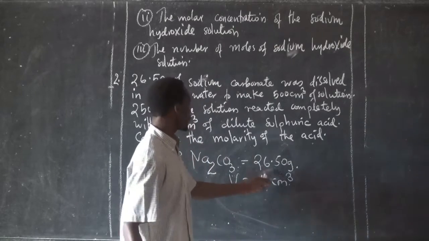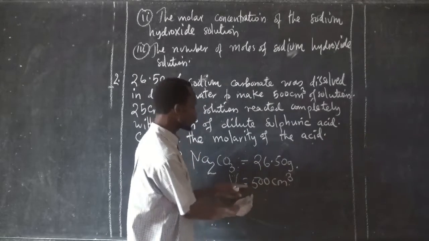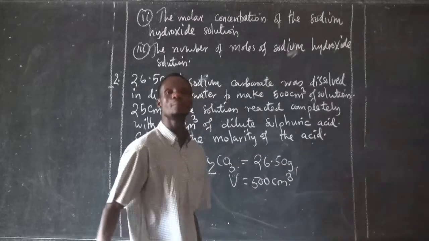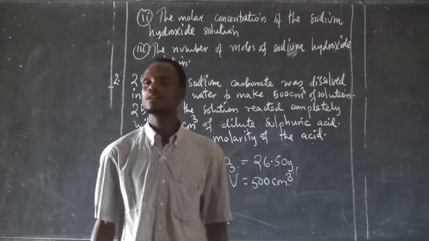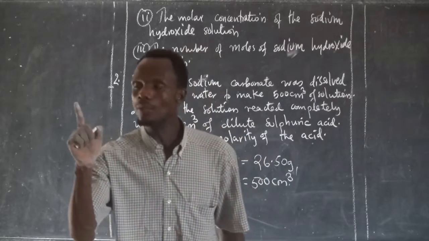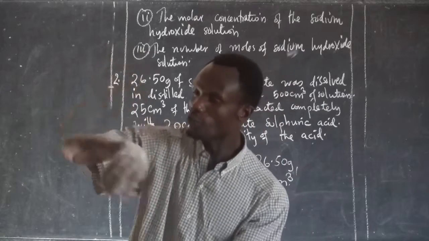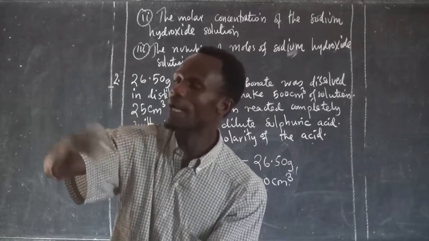26.50 grams was dissolved into 500 cc. This is where you can determine the concentration of the sodium carbonate solution, because dissolving grams in a volume is where you determine the concentration.